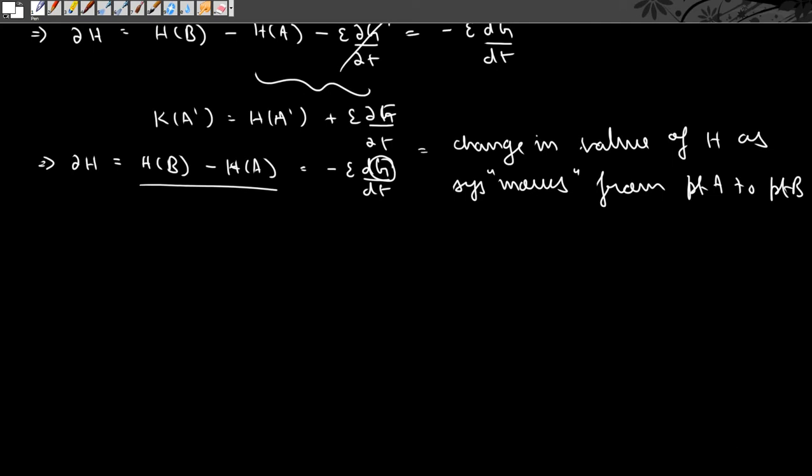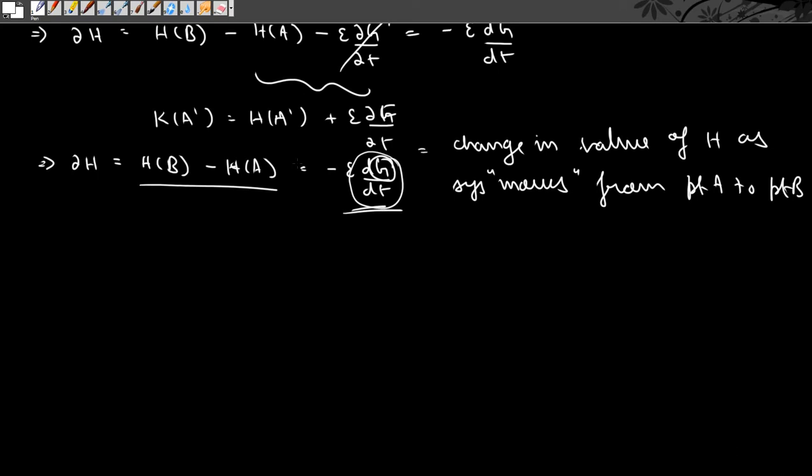So for example, you might want to perform a particular experiment on a system at point A and perform the same experiment on the system at point B, and you want to see whether the system is going to behave differently at point A and point B. So if the points A and B are related by this kind of canonical transformation, and if G is conserved, what it says is that the Hamiltonian of the system at point A and point B is going to be the same. If the quantity G is conserved, or in other terms, if this is 0.